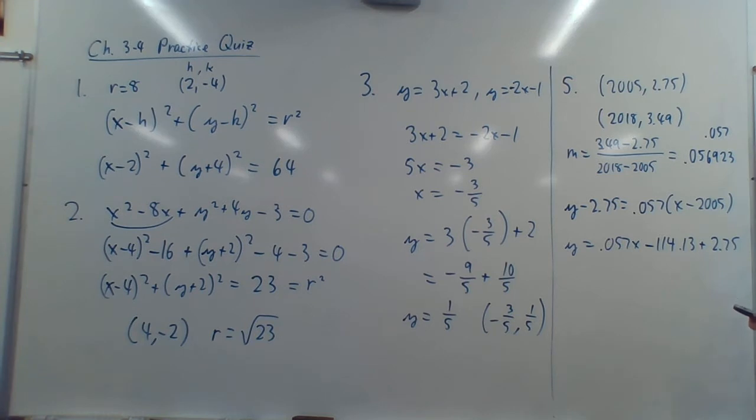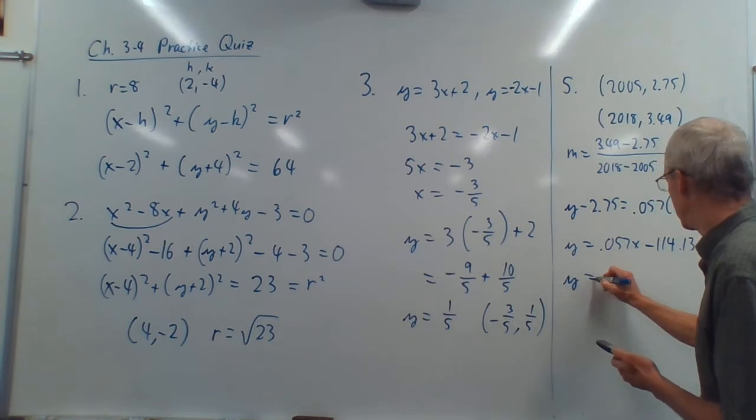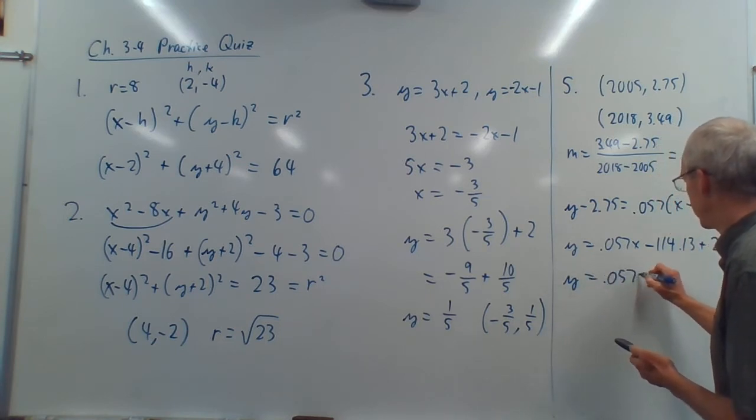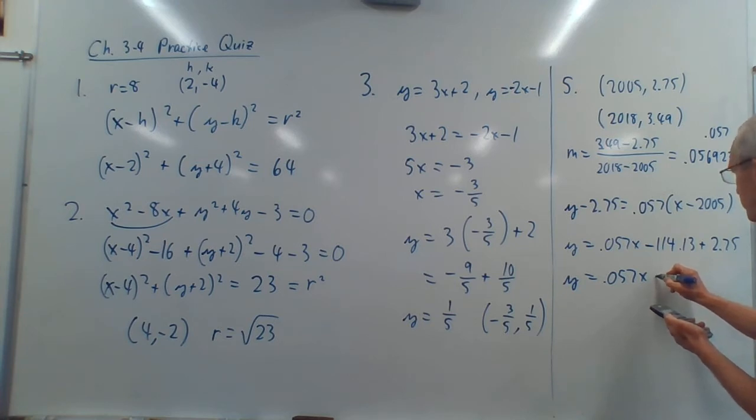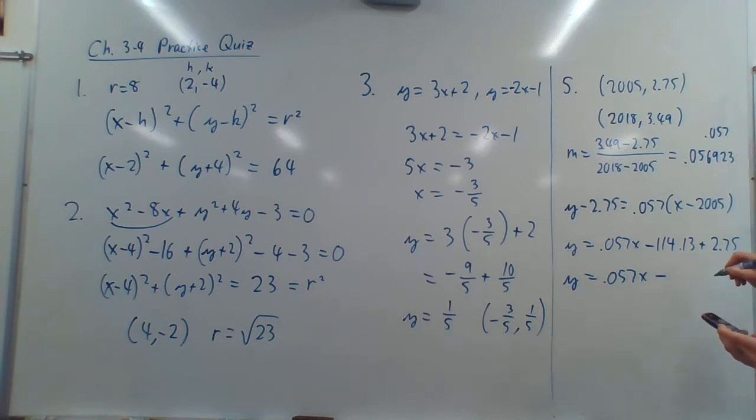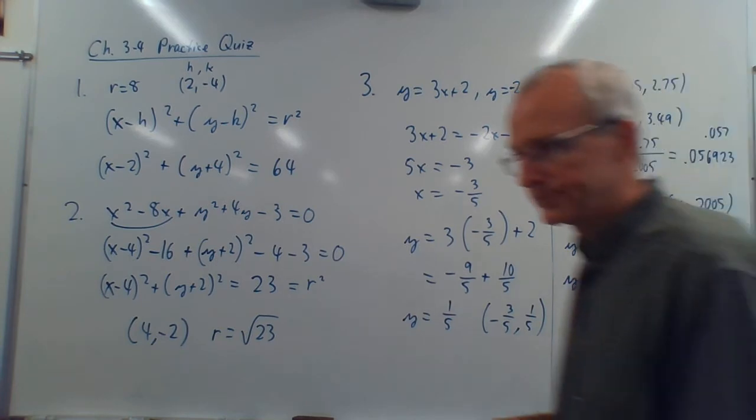Okay, so I get y is equal to 0.057x minus, see, is this all right? Price is going up. Y minus y1 equals m times x minus x1. Yeah, okay. Minus 116.88. Okay, so that is our model.